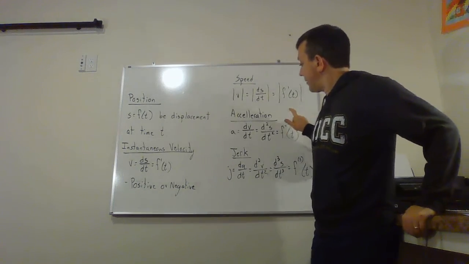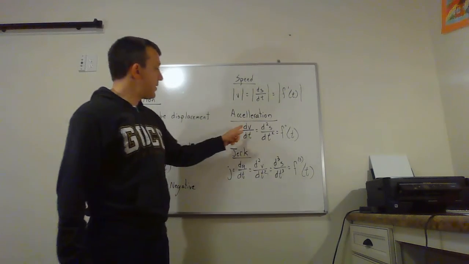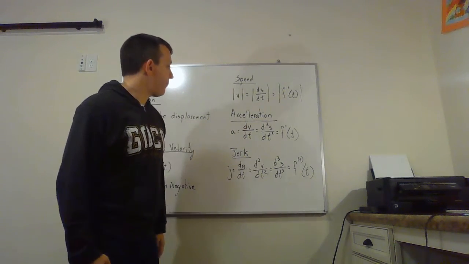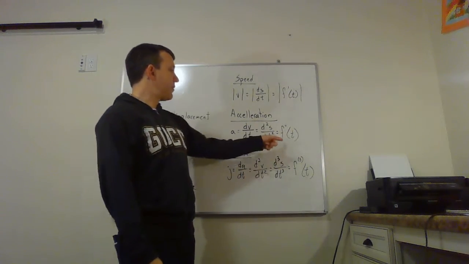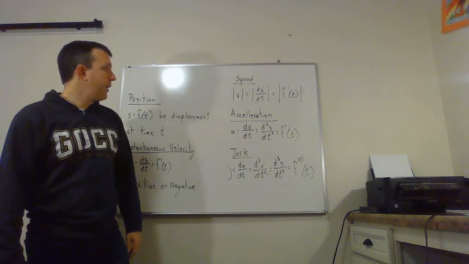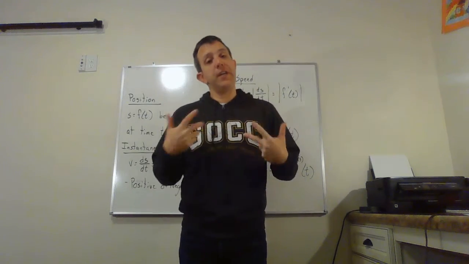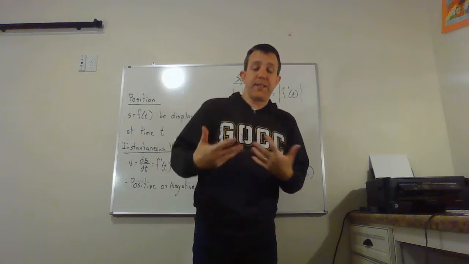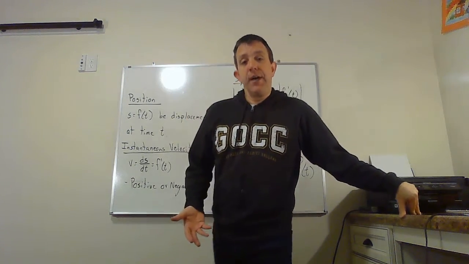Let's move this way. Then we have acceleration. Acceleration is the derivative of velocity, or the second derivative of the position function. So f double prime of t. And acceleration is what pushes you back in the car. All right, so you get in your car. In order to get up to that 70 miles per hour that you want to set the cruise control at, you have to accelerate.